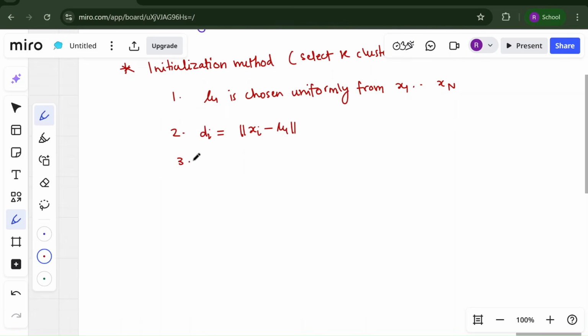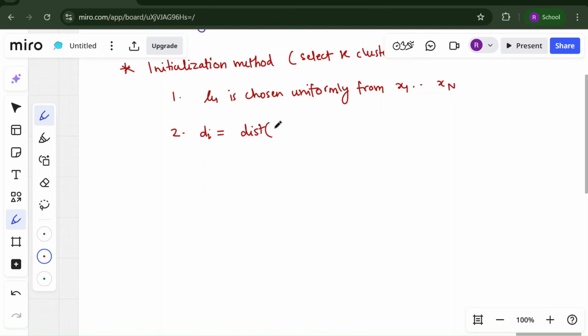Then you compute something known as pi. Okay, so let me write it in general. Okay, it's not always the norm, it can be any distance. So let me just write distance. Okay, it can be any distance, it can be Euclidean norm, it can be the square of the Euclidean norm, it can be the Manhattan distance, it can be the square of the Manhattan distance. So many possibilities. Okay, it will be given in the question.